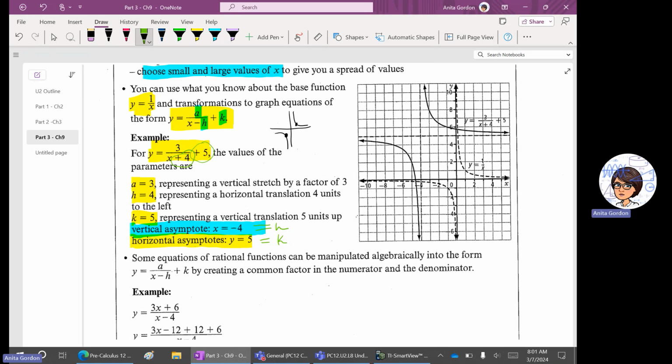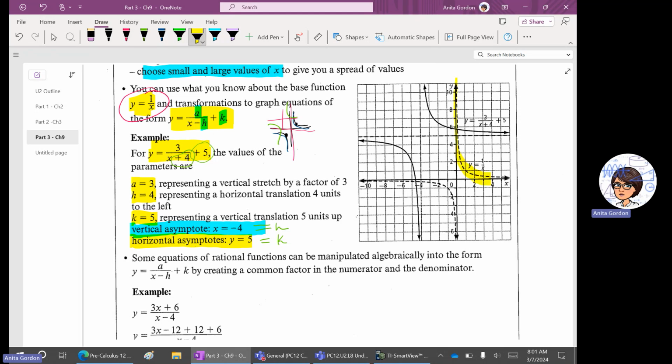So essentially what I'm doing is I'm taking my base function where I know that I can't touch 0 because I don't want a 0 in the denominator, and I'm moving it up 5 and left 4. So I'm moving my asymptotes here so that my new graph will look like that. And that's what you see in the picture of the graph here.